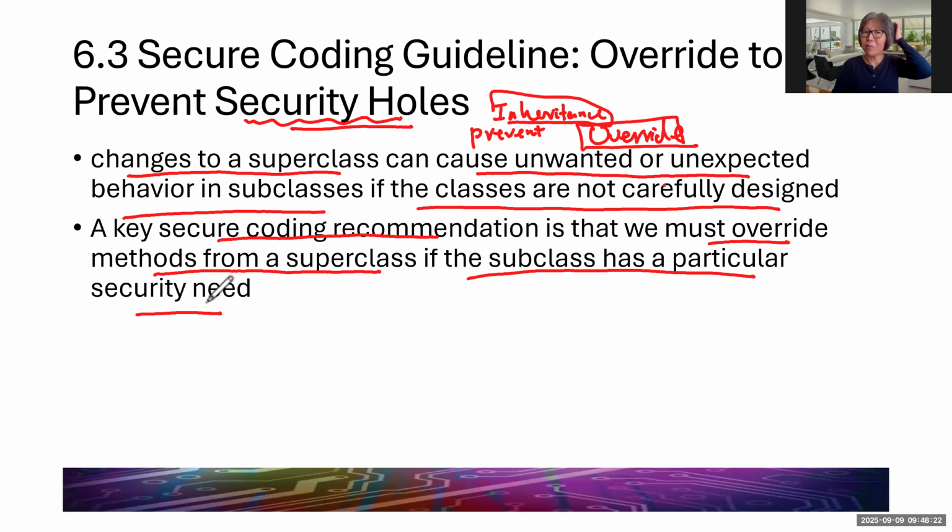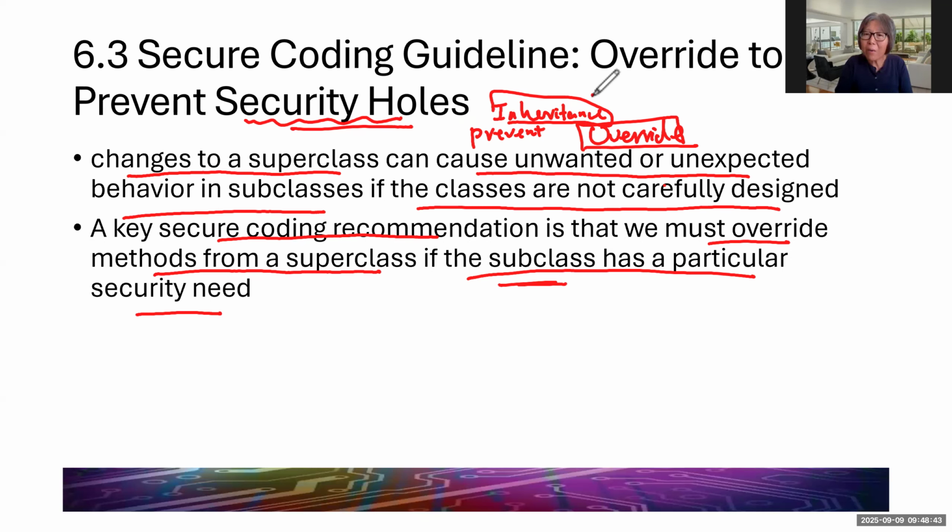Then in that case, we also need to have this consideration, because of the change of the superclass, and how the chain effects will impact the subclass. Then we need to be careful because it serves two different goals.